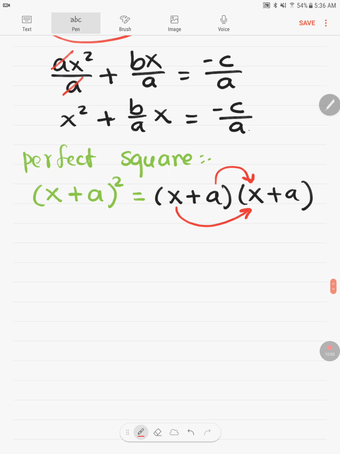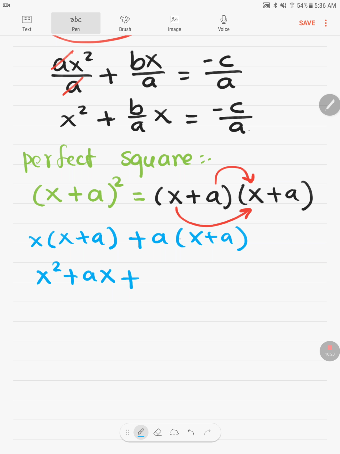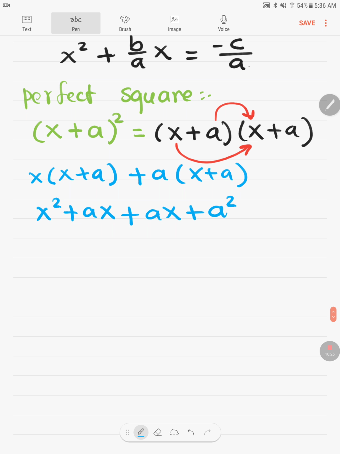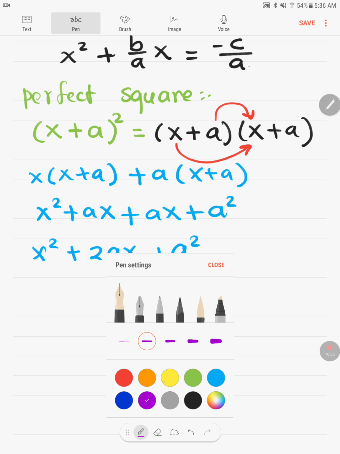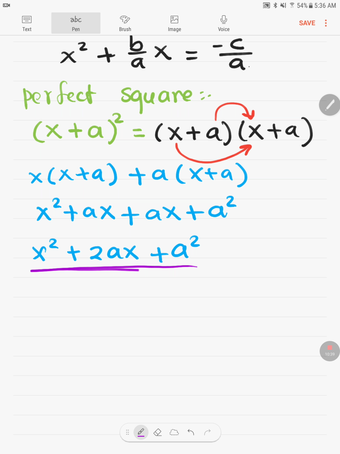So x times x plus a plus a times x plus a, and this will equal to x squared plus ax plus ax again plus a squared, and this will equal x squared plus 2ax plus a squared. So we see that this form here is actually equal to this form.